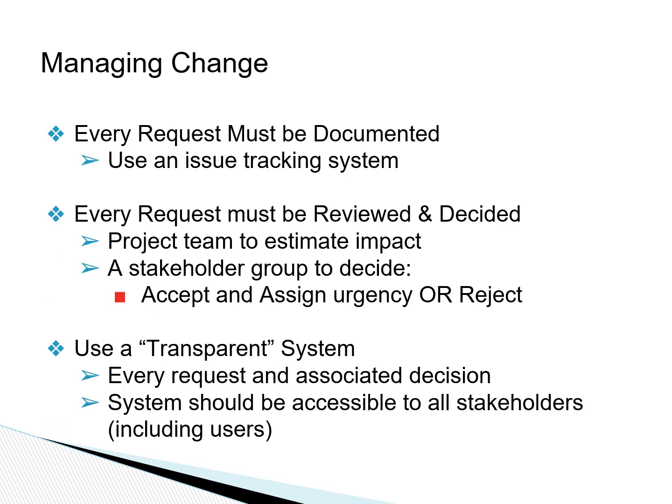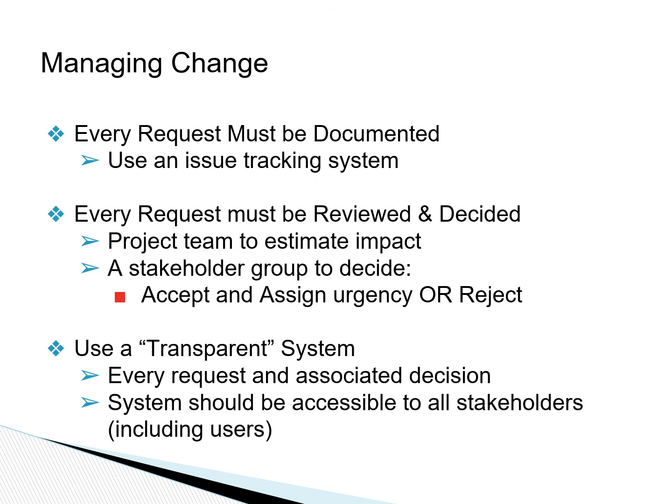As the project is being executed, there may be requests for change to the system. These requests need to be initiated in the issue tracking system. Then each request needs to be reviewed and assessed in terms of its impact on the project, project schedule, project cost, project quality. All of those impacts need to be assessed.